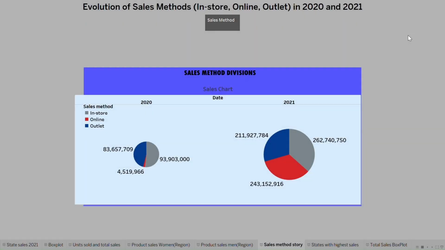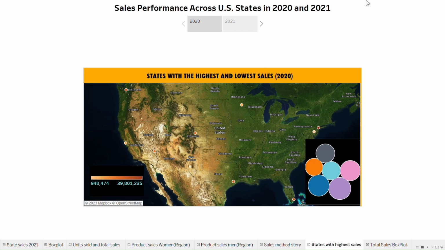So the next thing I'll discuss is the sales performance across US states in 2020 and 2021. As we can see on the left, the lowest sales by a state was 948,000 and the highest sales was 39 million.